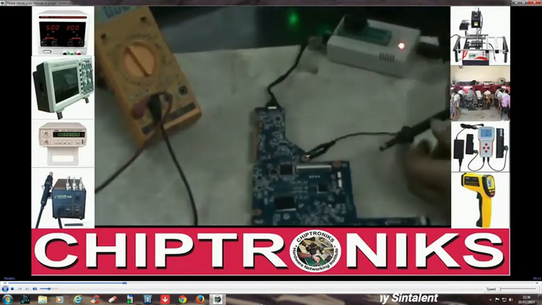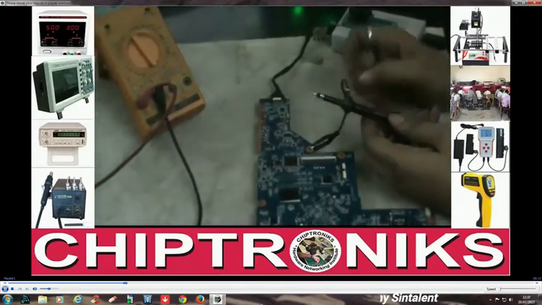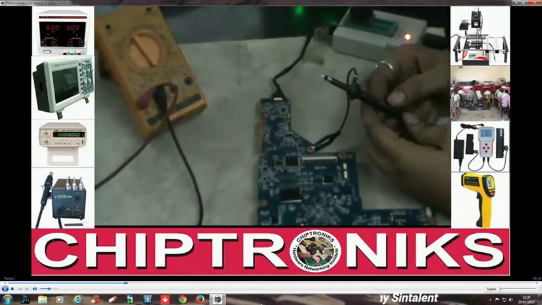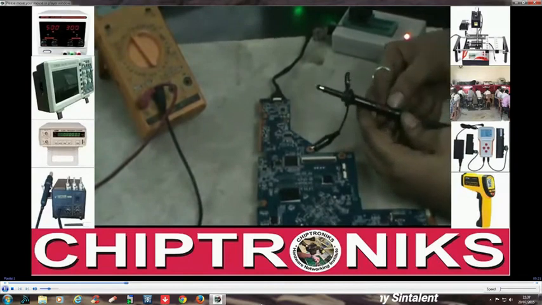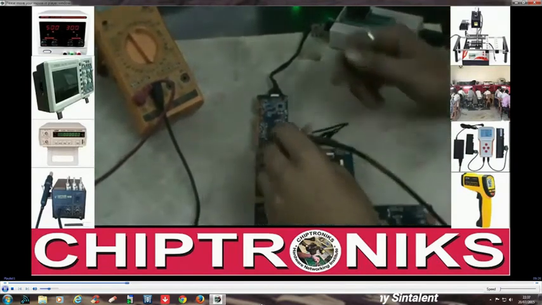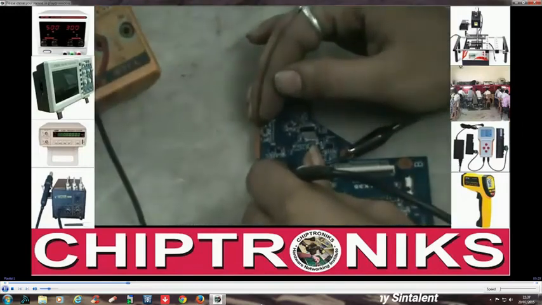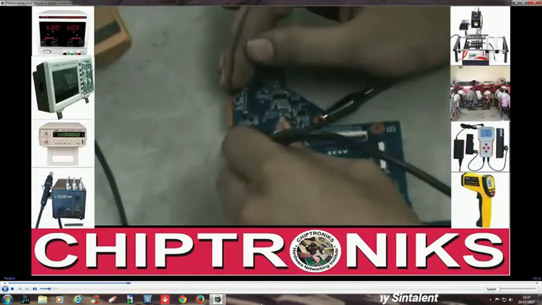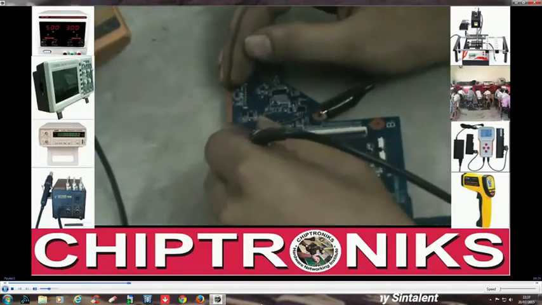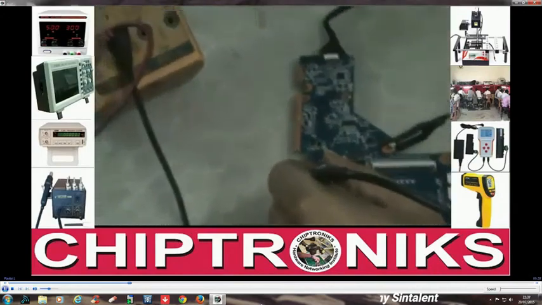I connect here on the ground, and this probe I'll set on 10x. Now here I put it on pin number 6. Yes, now I'll check.